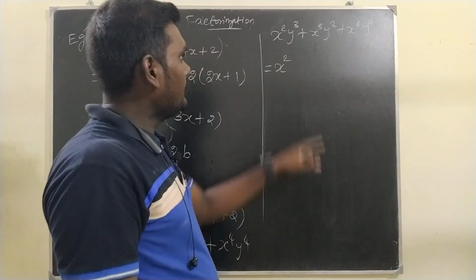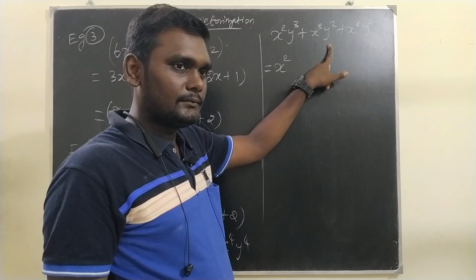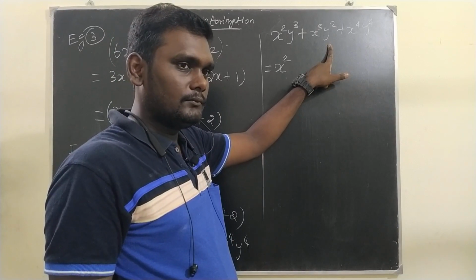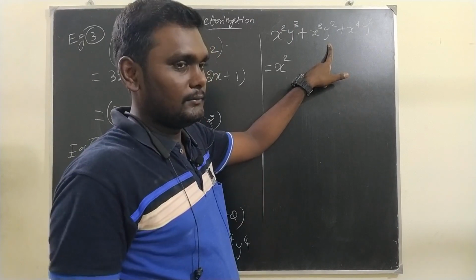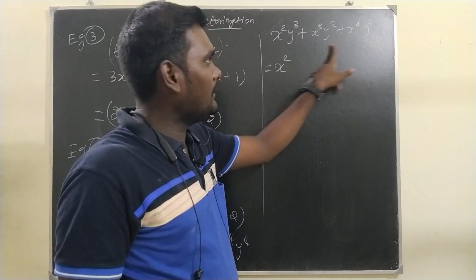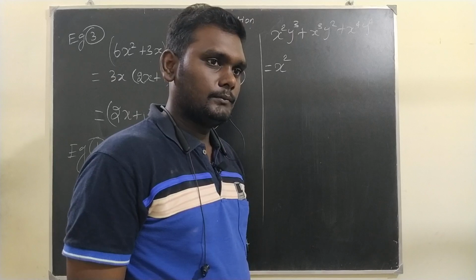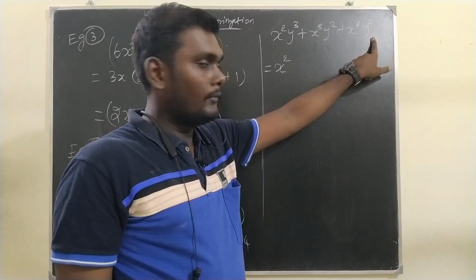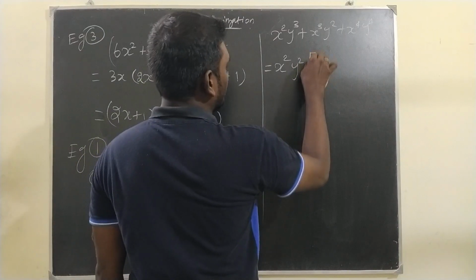Okay. And then here y cube is there. The same y cube is there? No. Only y square is there. So from this also y square is possible, from this also y square, from that y square possible or not? Yes, it is possible. So y square we can take out.